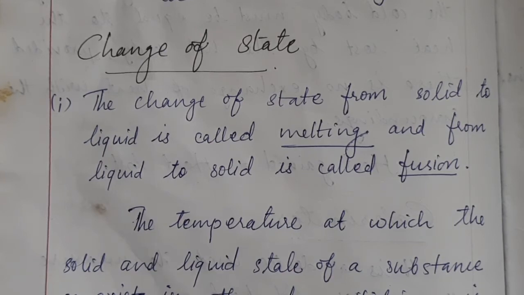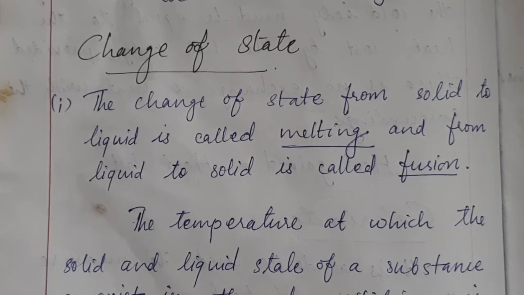And sometimes there is a change from liquid to solid. This process we call fusion. Normally we say it is freezing or fusion. Fusion is the correct name for that. Liquid to solid state, that means water to ice, that term we call fusion.